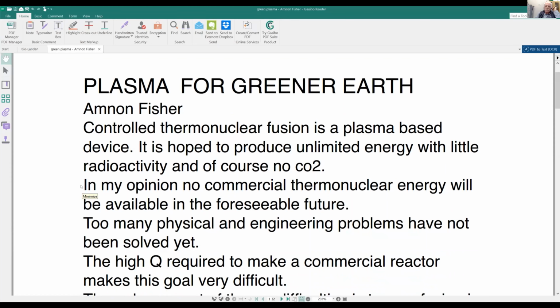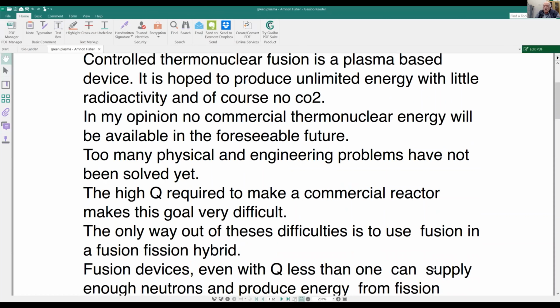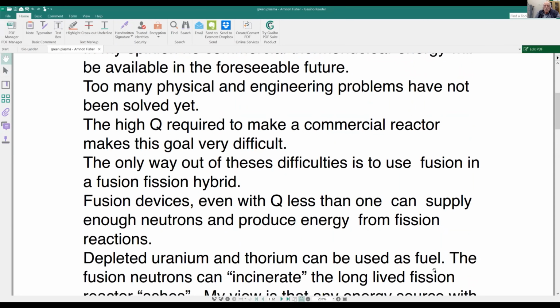I will read what I said here. The controlled thermonuclear fusion is a plasma-based device. It hopes to produce unlimited energy with little radioactivity and, of course, no CO2. In my opinion, no commercial thermonuclear energy will be available in the foreseeable future. Too many physical engineering problems have not been solved yet.